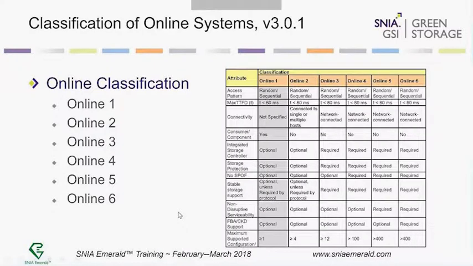And this is the table that's in the spec. The only thing that's really changed for this particular online type of product is we've added stable storage support, which I commented on earlier as an added definition that's required of at least Online 3 and 4.